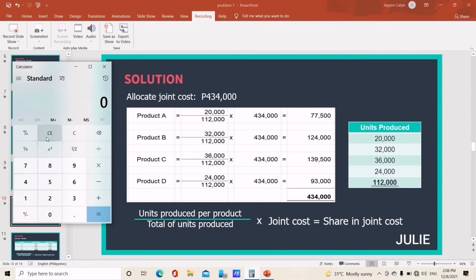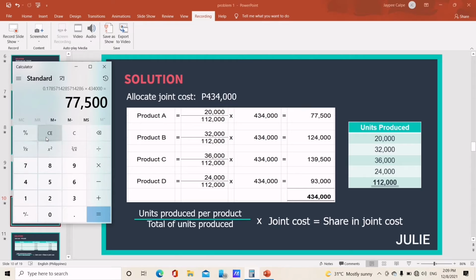Going to use calculator. In product A, we have 20,000 units produced. We will divide it by 112,000 because it is the total of units produced. We have the ratio, multiply it by 434,000, which is the joint cost.